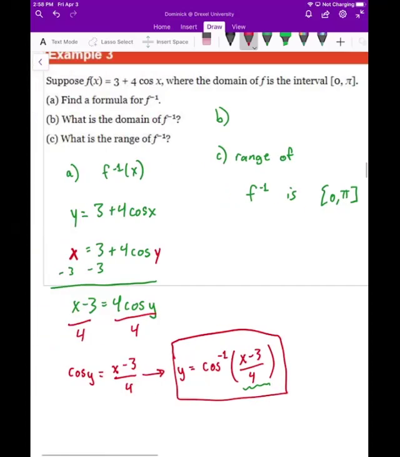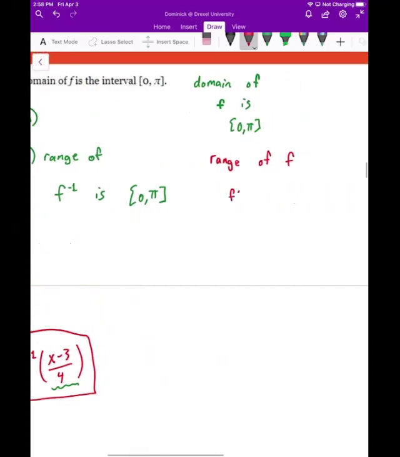Okay, now our original function f was 3 plus 4 times cosine of x. Now we know that cosine has a range of -1 to 1. But we're multiplying that range by 4 and adding 3 to that. So if I multiply the interval -1 to 1 by 4, that's going to stretch it to -4 to +4.